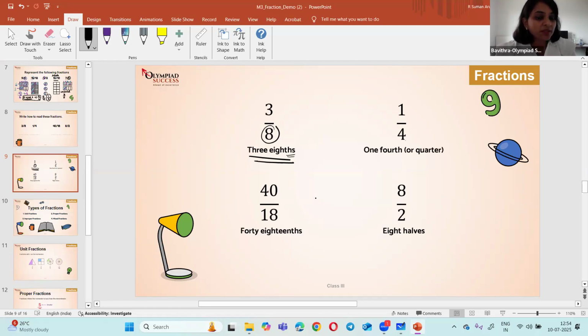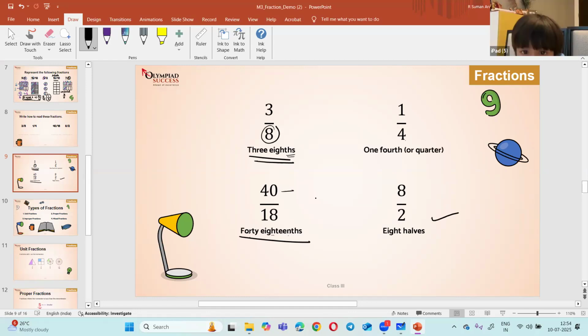And can you read me this? 1/4 of a quarter. This one, third one. 8 halves. What is 40/18ths?